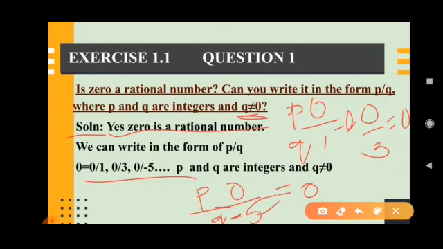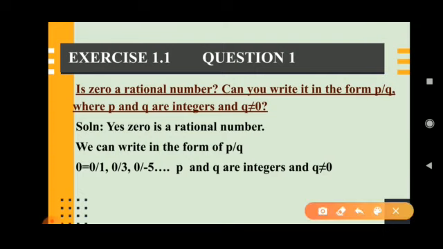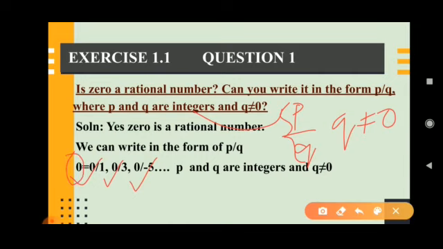But the condition is that q should not be equal to 0. So observe here, we gave minus 5, 1, minus 3. It should be in the form of p by q, q should not be equal to 0, and p and q are integers. So 0 by 1, 0 by 3, 0 by minus 5, all are equal to 0. And here 0, 1 or 0, 3, 0, minus 5 are integers.